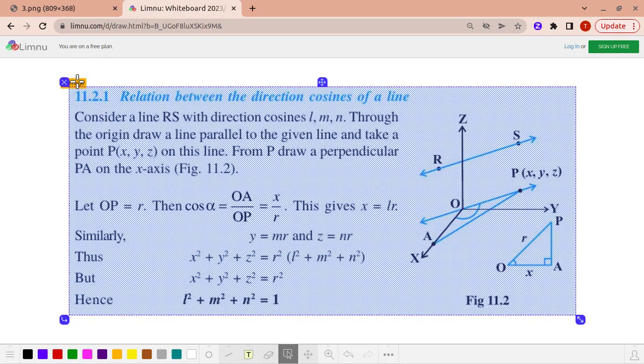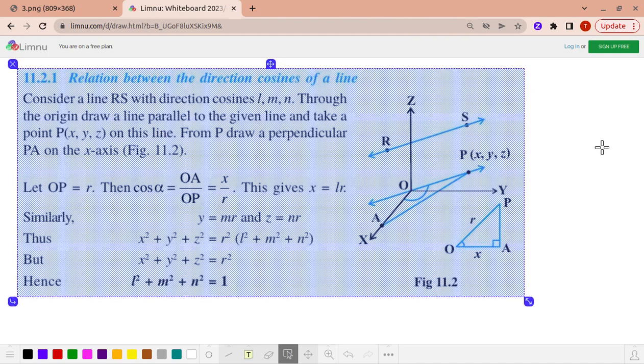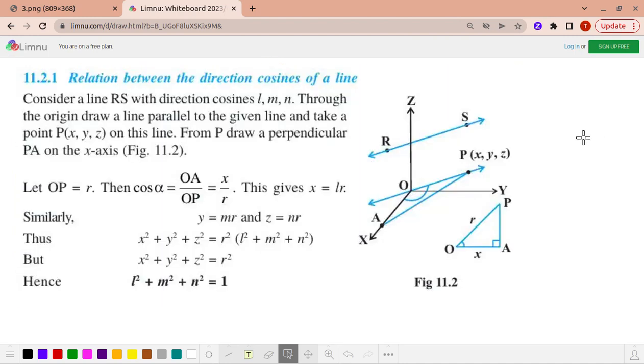So dear students, as you see, let me place this statement very well. Now let us consider RS be the line. As you see, the line RS is not passing through the origin, and let's assume that its direction cosines are l, m and n.